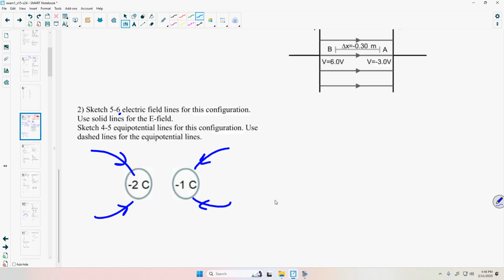Let's say I'm looking for 5 to 6, so I need to have twice as many, so we'll just do 2 more there. I'll be looking for the direction of those vectors, that they're in the right direction, into negative charges, out of positive charges, and also the correct number, the ratio. So since that 2 coulomb is twice the 1 coulomb, it should have twice as many field lines.